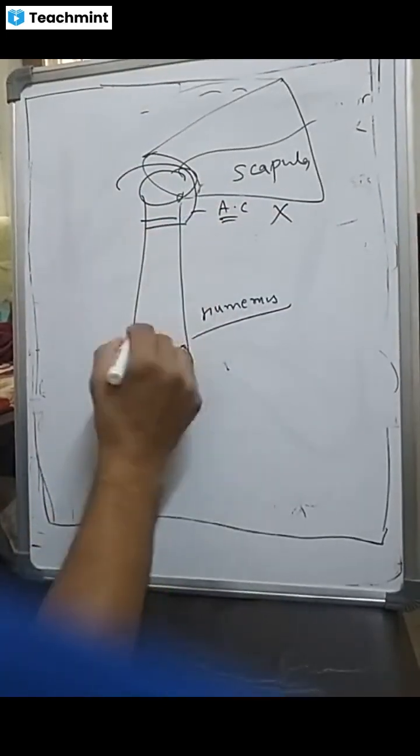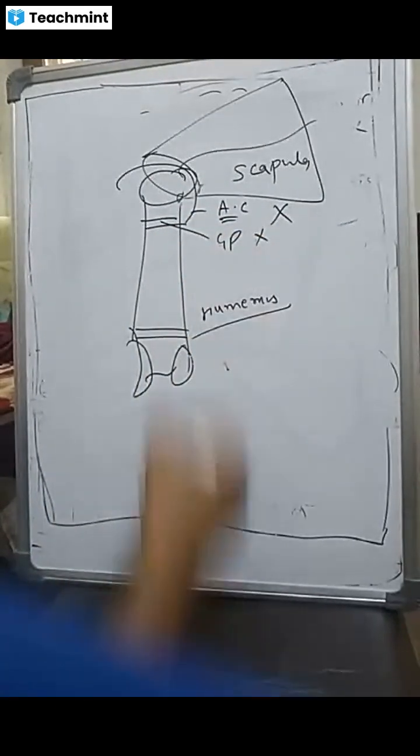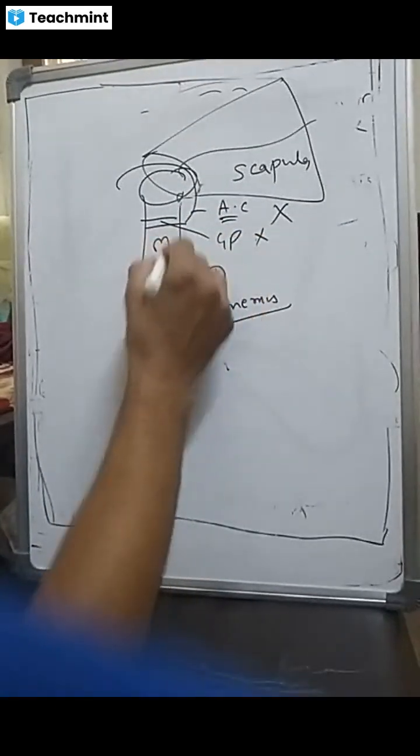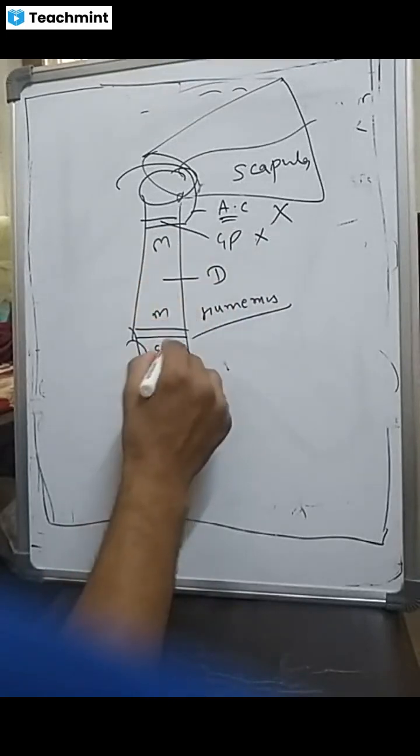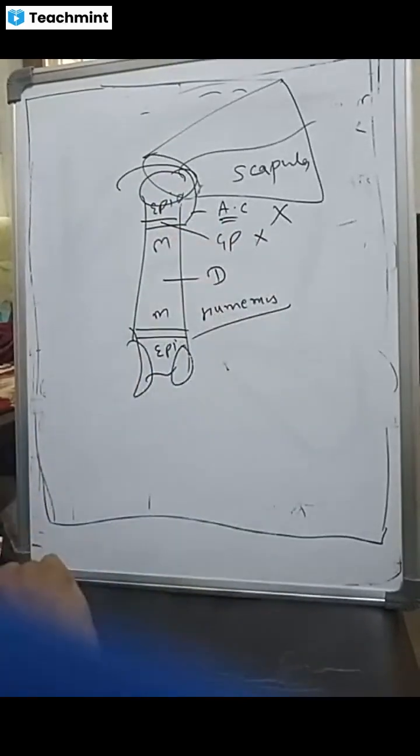The growth plate is not visible. The diaphysis, metaphysis, and epiphysis are visible on the X-ray.